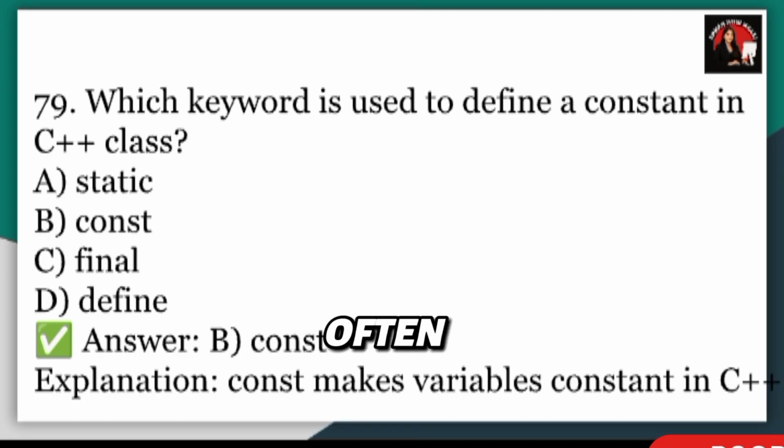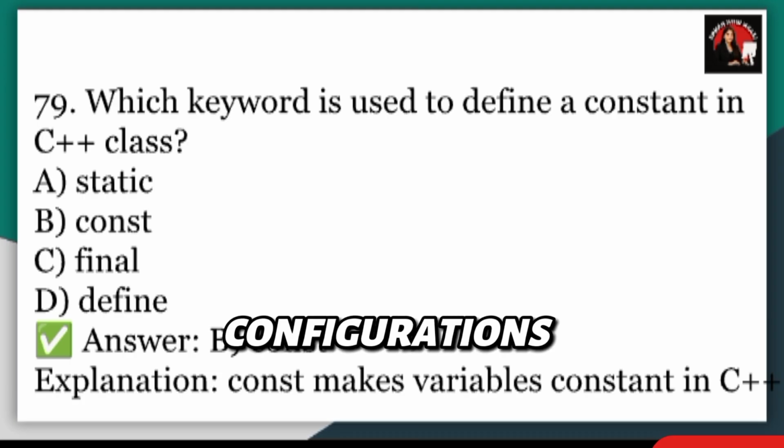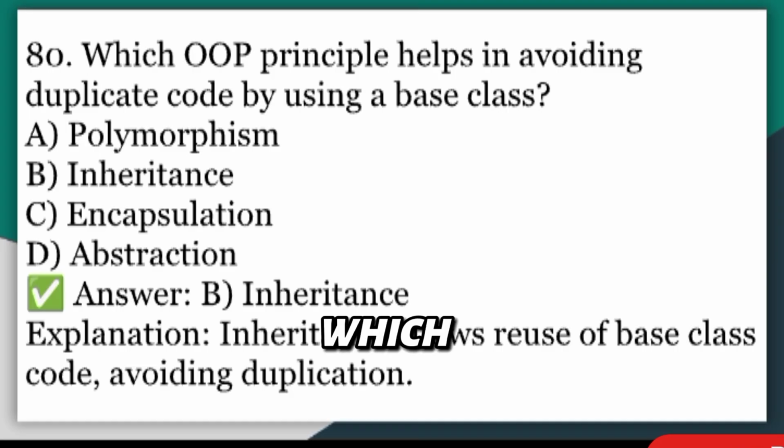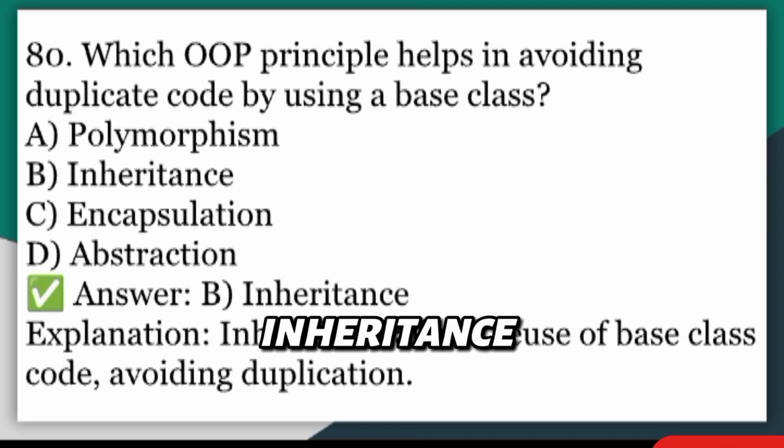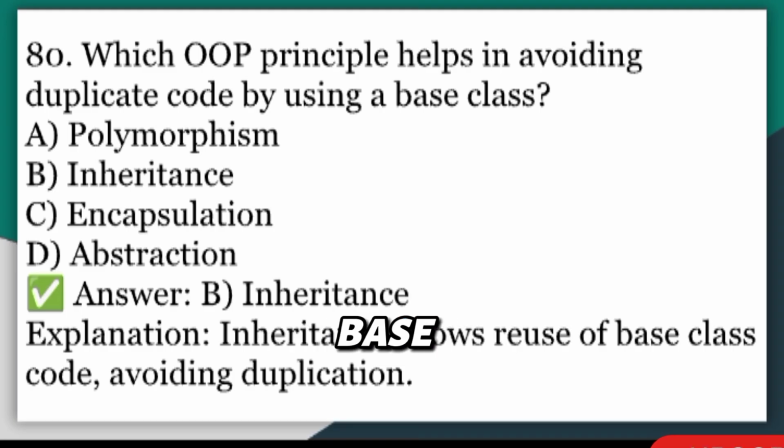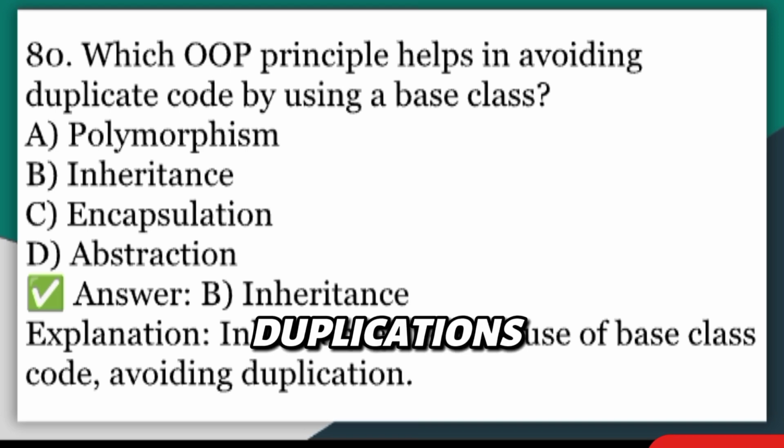Constants are often used inside classes for fixed values like size, limit, and configurations. Question number 80. Which OOP principle helps in avoiding duplicate code by using a base class? So the right option is B, inheritance, reuse of base class. Explanation: inheritance allows reuse of base class code, avoiding duplication.